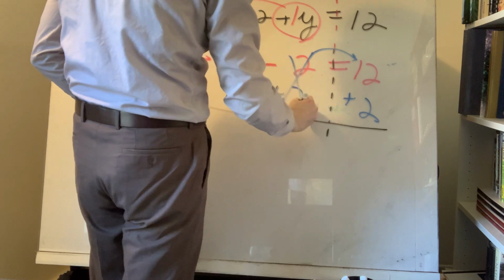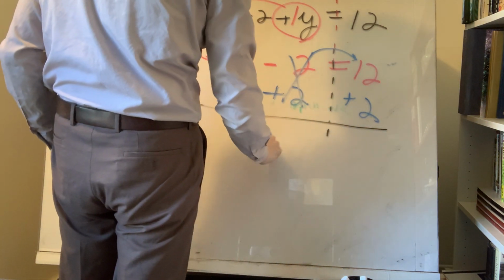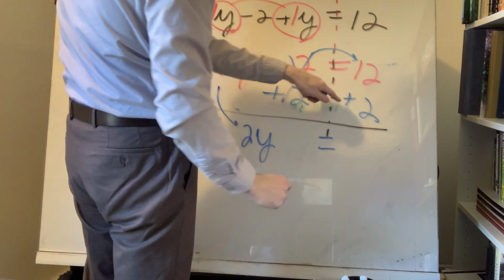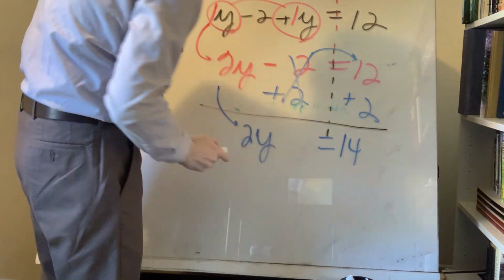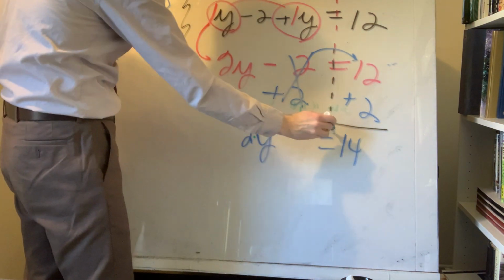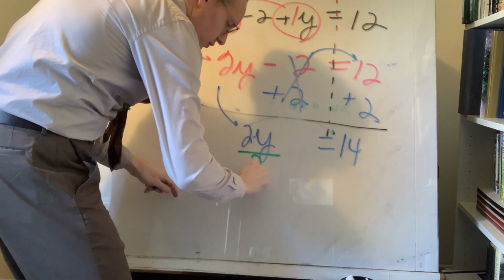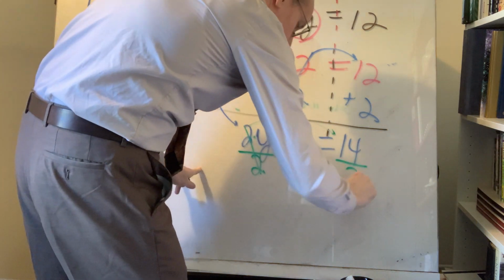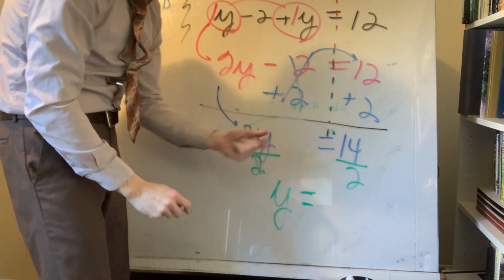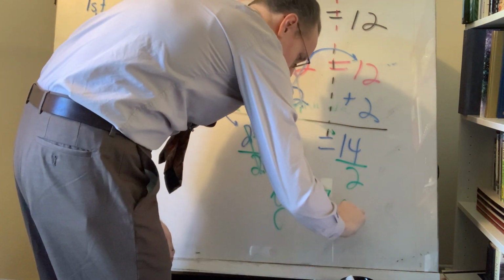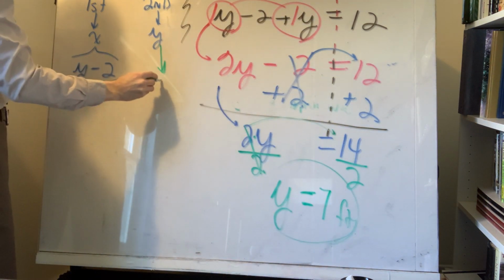There's the cancellation effect. 2y would be left over, is equal to 12 plus 2 is 14. And lastly, I'm going to get rid of this 2. I'm going to drag it over to here by doing the opposite of multiplying, which is to divide by 2 and divide by 2. And therefore my y value is equal to the outcome of 14 divided by 2, which is 7 feet apparently. All right. So this is really 7 feet.